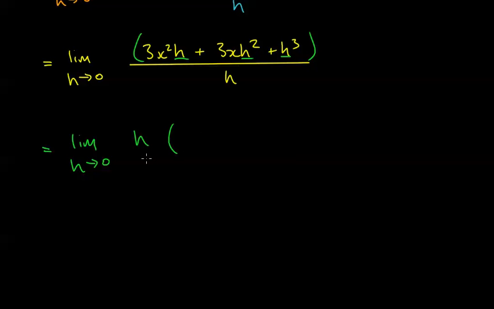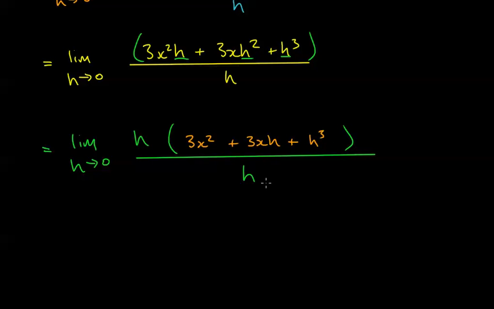Right, and what are we left with? Inside, we're left with 3x squared plus 3x h plus h cubed, oh sorry, not cubed, squared. Right, now that h can knock that h out, so we're not dividing by 0 anymore, so that's fine.